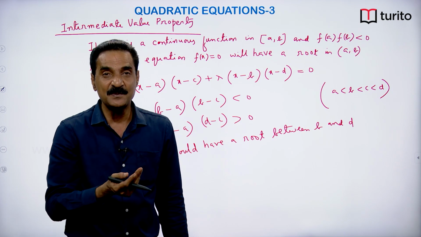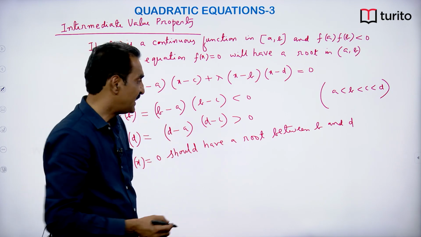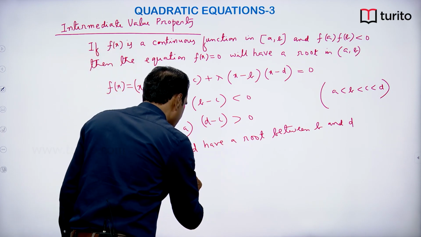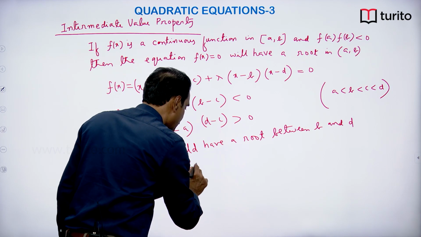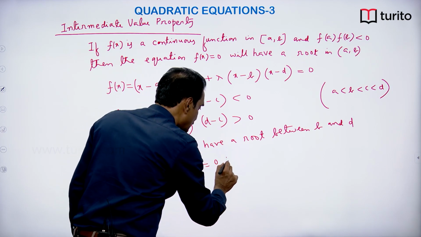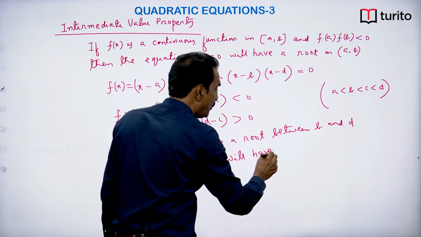If one root is x plus iy, the second root will be x minus iy. That is why for the equation f of x is equal to 0, we will have both the roots real.